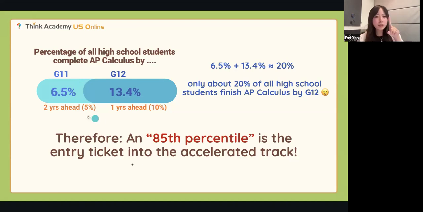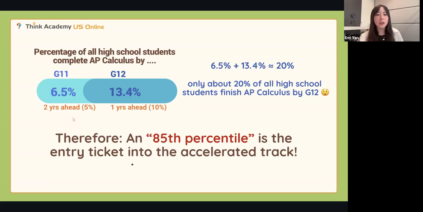So if you remember the number we used for 2 years ahead for the double accelerated program, it's going to be 5%, right? And why is this number 6.5%? Because it also takes into account that after your kids get to grade 11, they're gonna learn some APs, and by the end of the school year, there should be 6.5% of them finishing all the AP tests. So the number will be a little bit higher than 5.